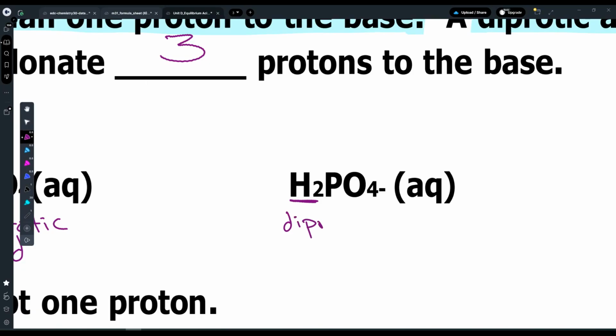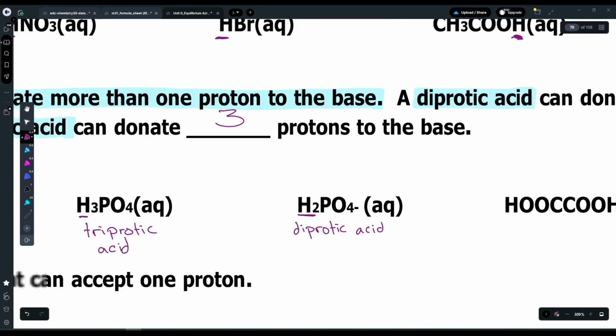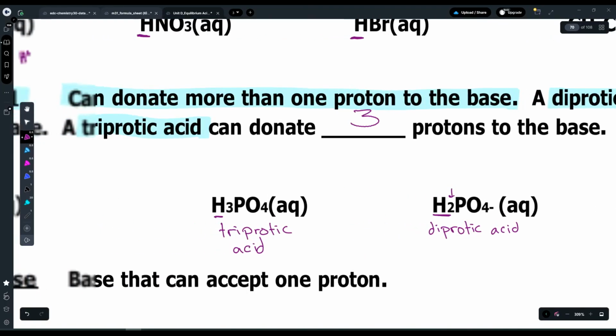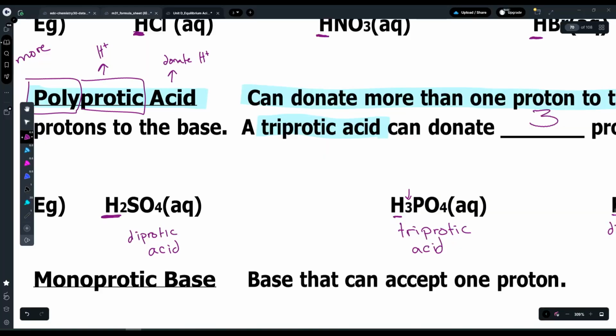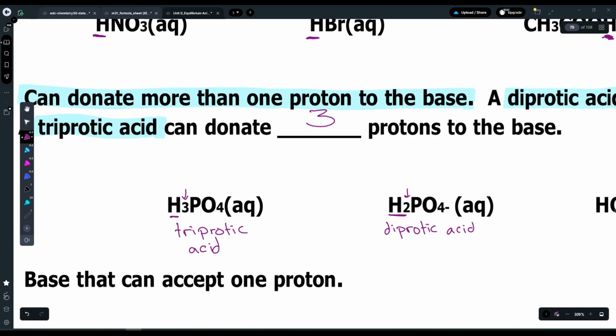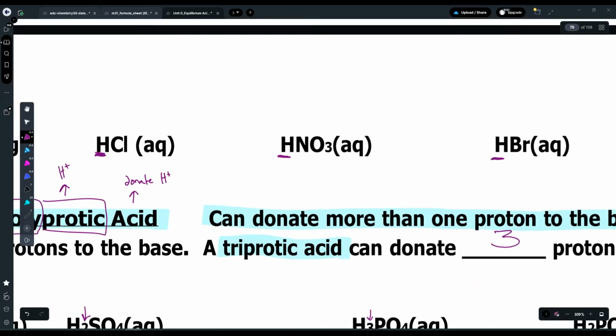With specifying what type of acid you're dealing with, the subscript after the acidic hydrogen is going to tell you whether your acid is diprotic or triprotic, or if you're talking about a monoprotic acid, you're only going to have 1 acidic hydrogen.